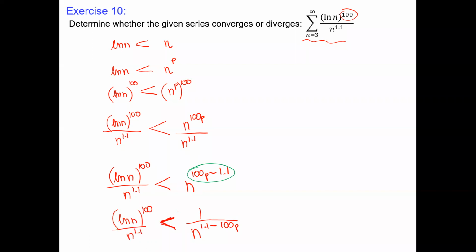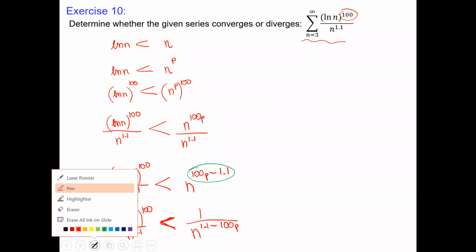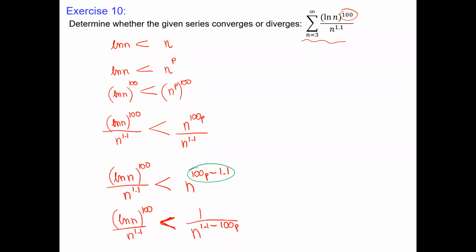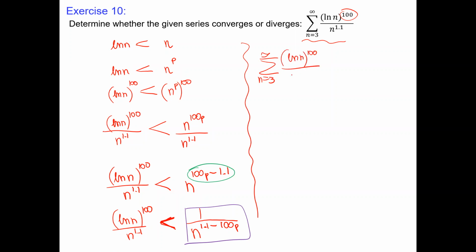If it's smaller, I want the bigger one to be convergent, because then I can use comparison. The sum of this formula, our original series, is probably convergent because it's less than 1 over n to the power of 1.1 minus 100p.